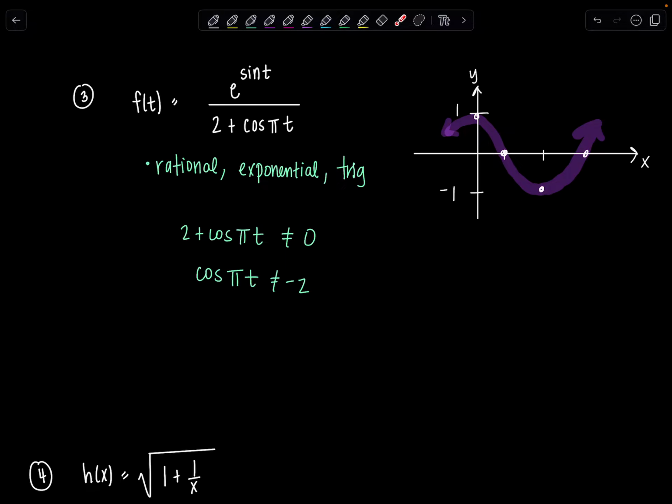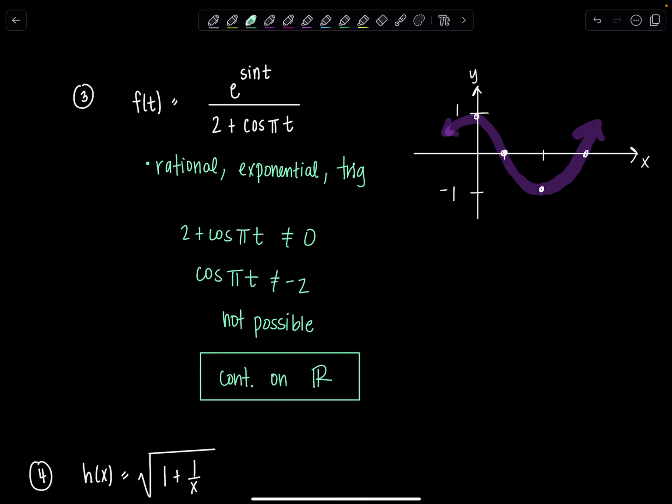And cosine is just trapped in here. Trapped like a rat. So could cosine ever be negative 2? No, certainly not. That's all the way down here. So this is not possible, which means there's no restrictions. So again, the domain of f is all real numbers, and it's continuous on all real numbers. No restrictions. Everybody's good to go.